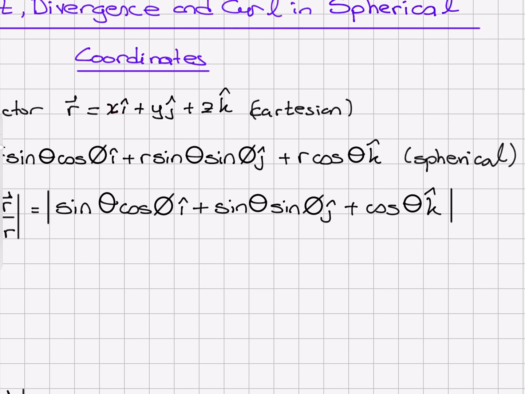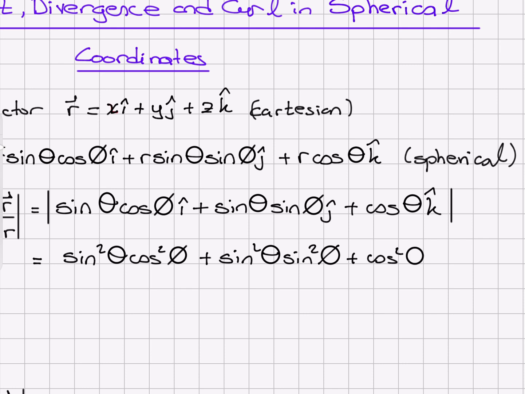So in the magnitude, I will have square root of x squared plus y squared plus z squared. So that means I'm going to have sine square theta cosine square phi plus sine square theta sine square phi, and then cosine square theta, all inside the square root.